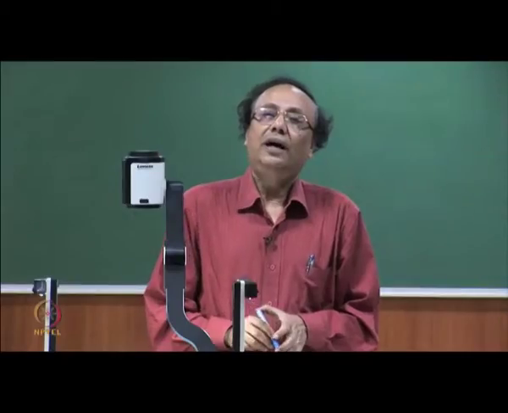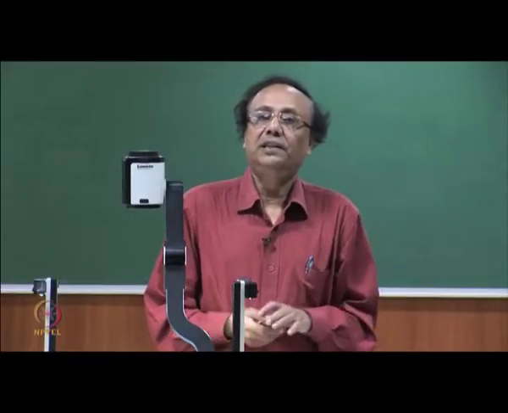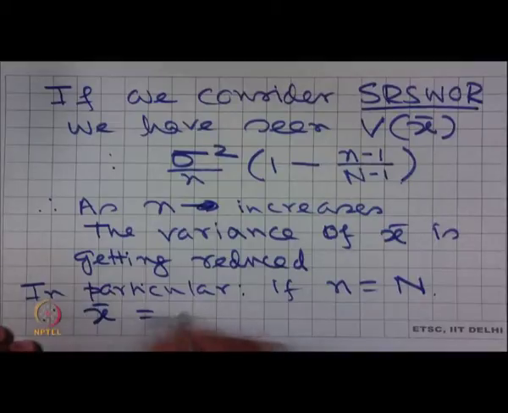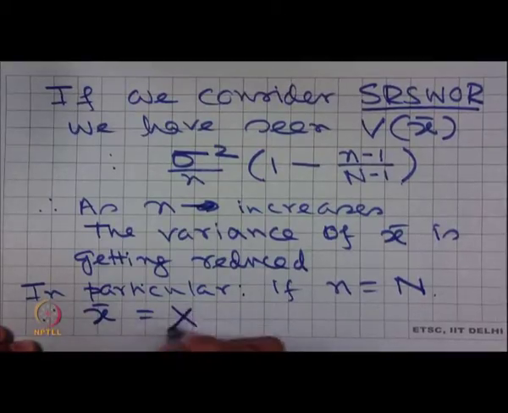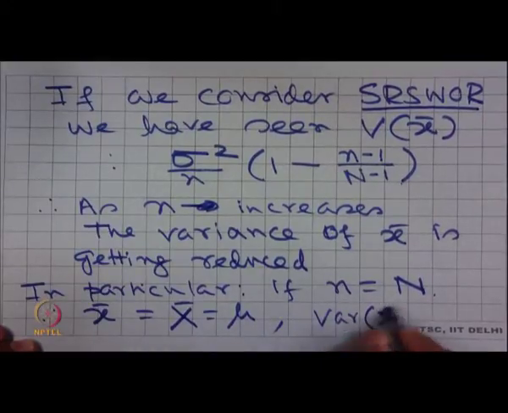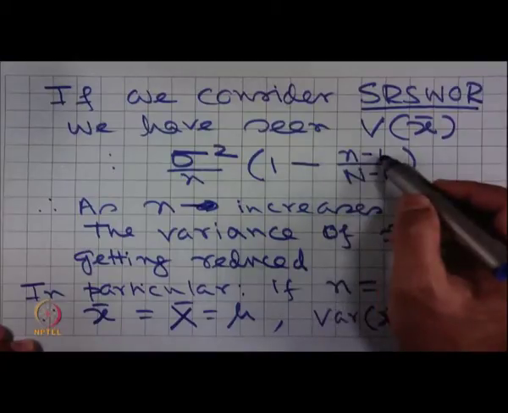It means I have taken the entire population as my sample, and therefore, the sample mean is same as the population mean, which is mu, and the variance is, this is n minus 1.